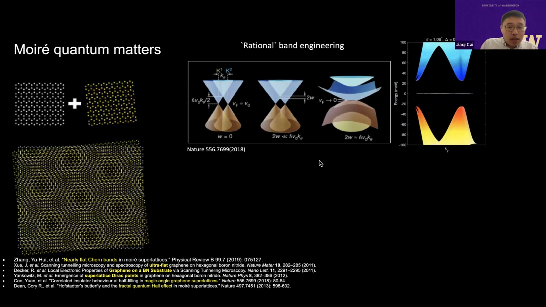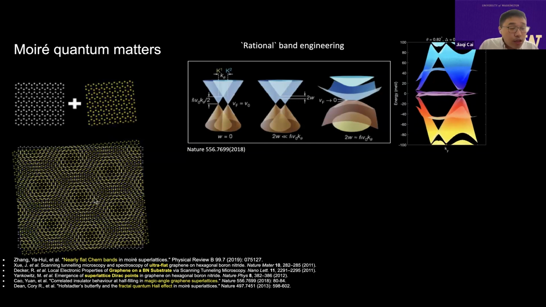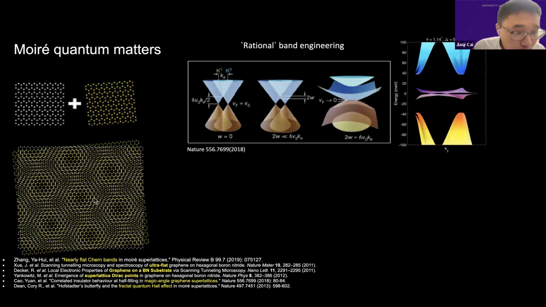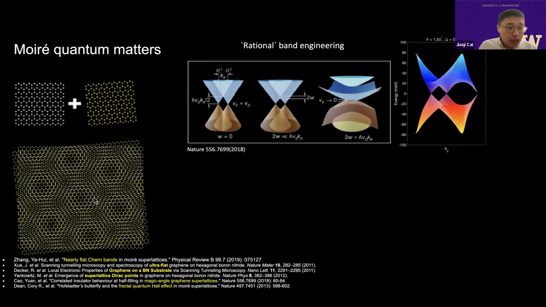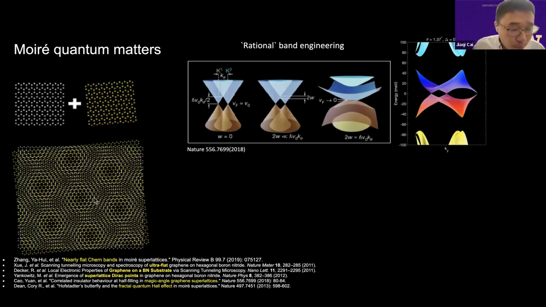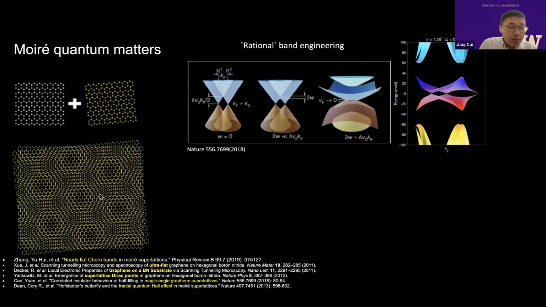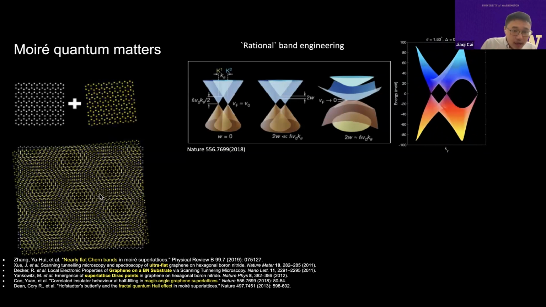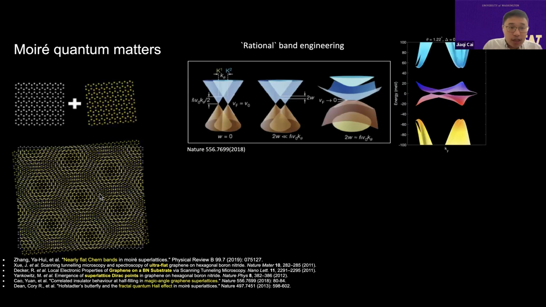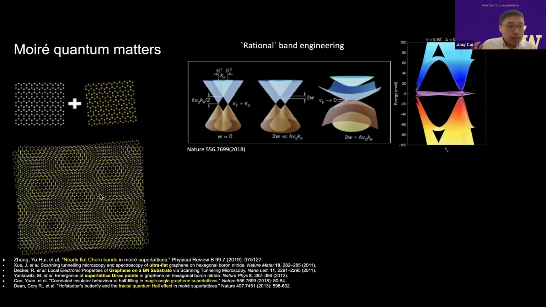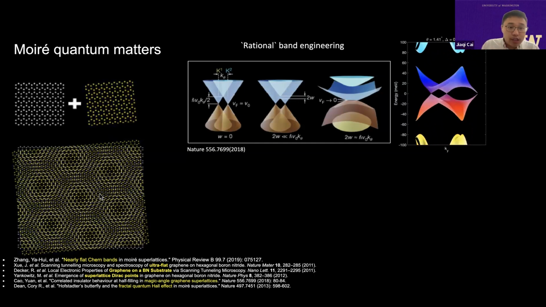And another thing you will notice is that because you increase the lattice spacing effectively, the long range interaction actually plays a more important role because you now dilute the hopping. Okay, the wave function overlap between these, you can treat these high symmetry points as a diffusion atom or something. The wave function overlap between each other is decreased by increasing the lattice spacing, but the Coulomb interaction is still long range and pretty strong.